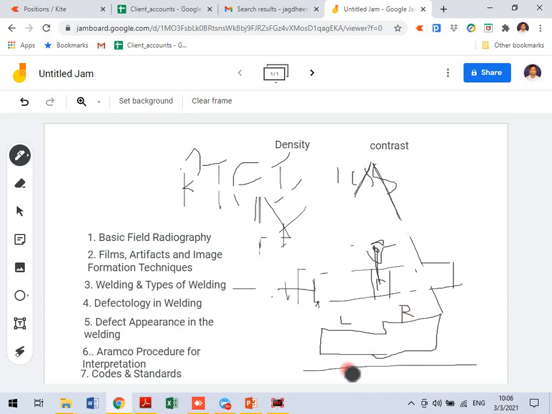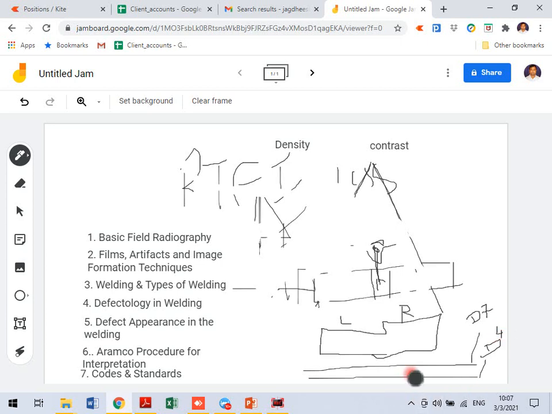In the left, that is for sure. Now, this one is D7. I use another film, D4. Which film is good?